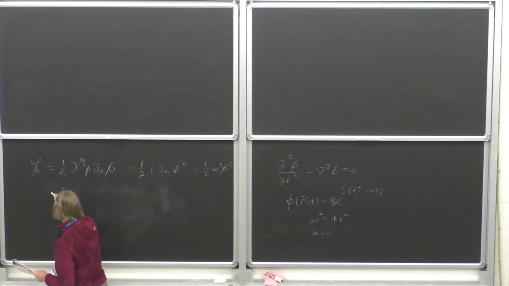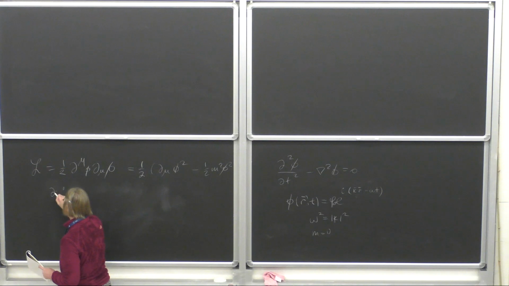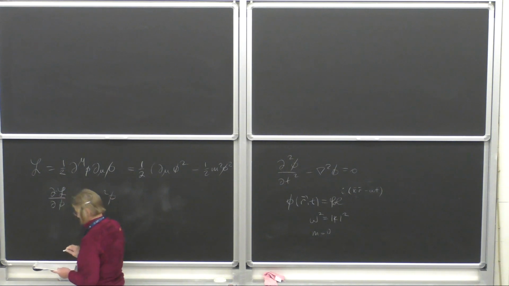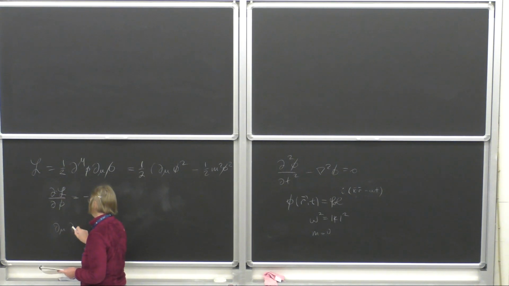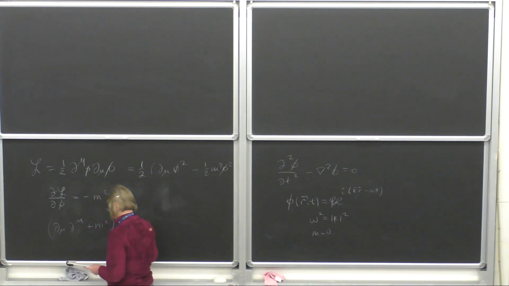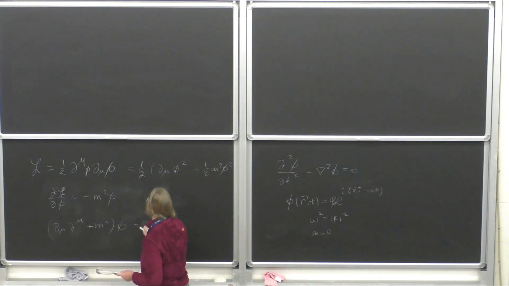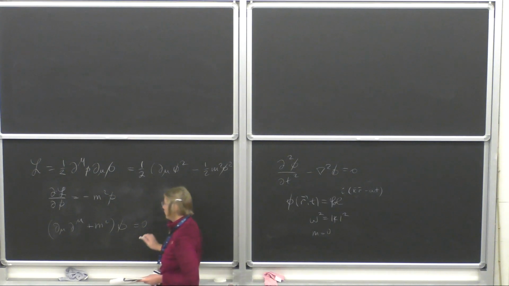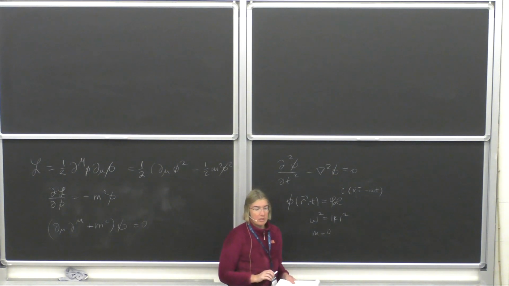Now your first term, your derivative, this is minus m squared phi. And therefore we get (∂_μ∂^μ plus m squared) phi equal to 0, when we again differentiate everything, and that's what we get.